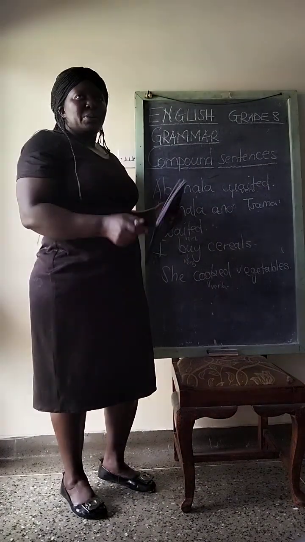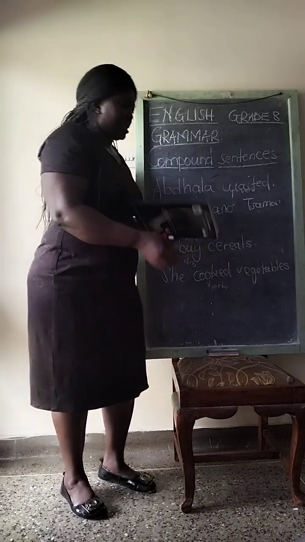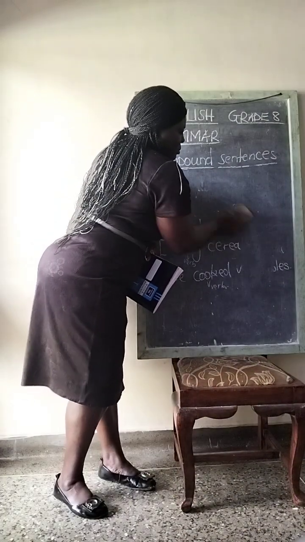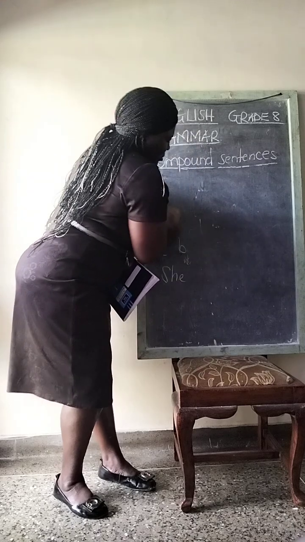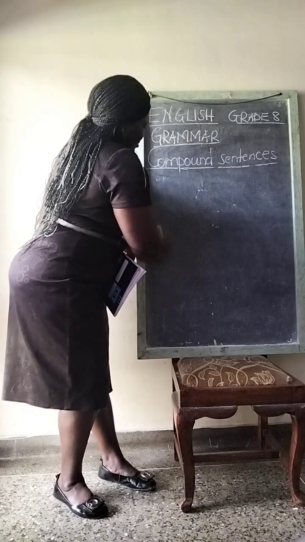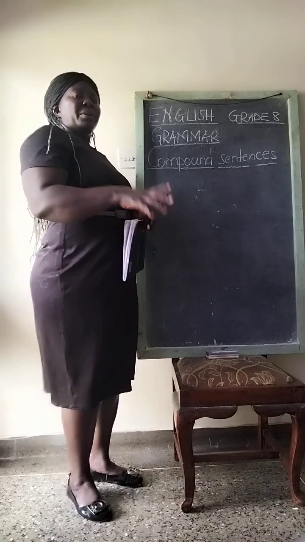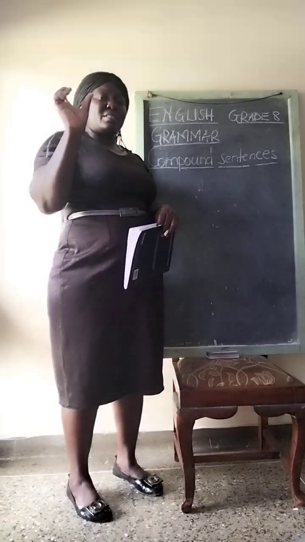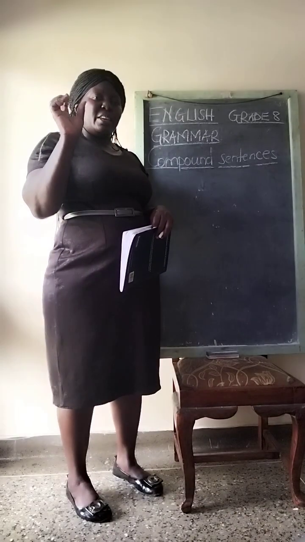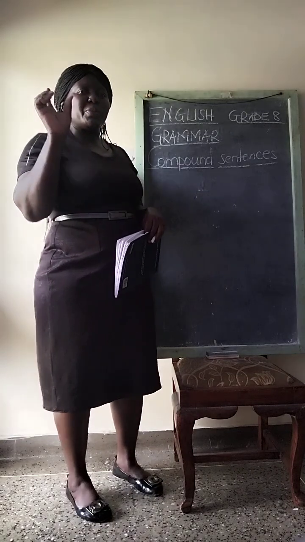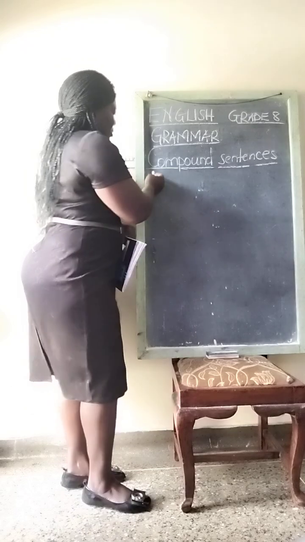Now let us look at what a compound sentence is. When you take two simple sentences and join them together using a conjunction, we are going to get a compound sentence. Now let us note it down.